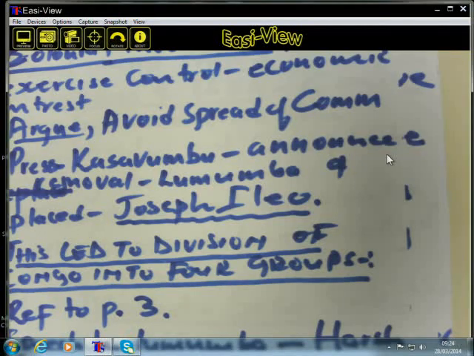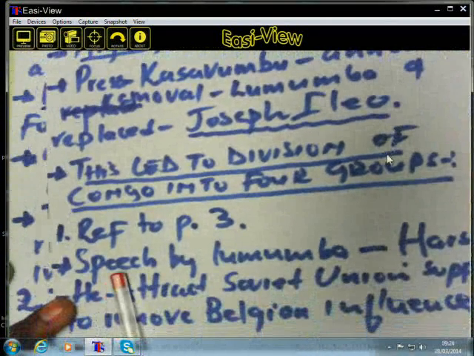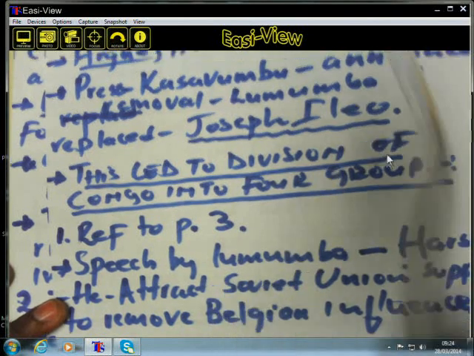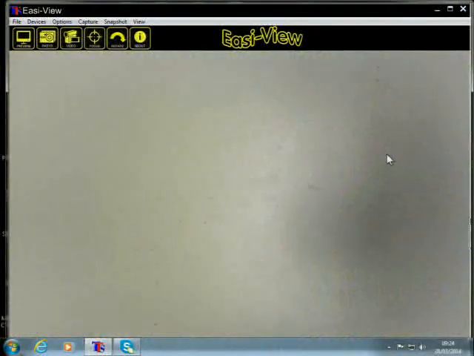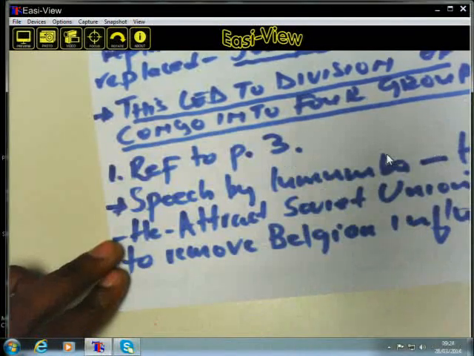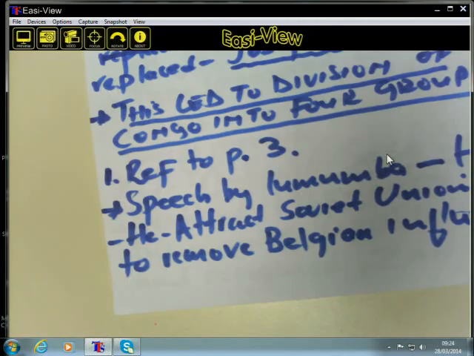What made matters worse, when Prime Minister Patrice Lumumba made a speech about how they obtained their independence, he was so harsh to the colonizers.